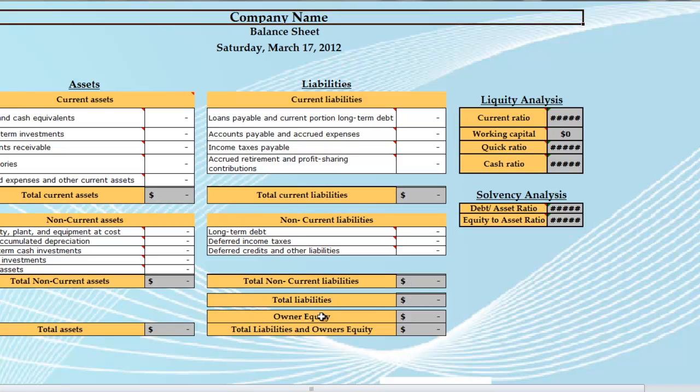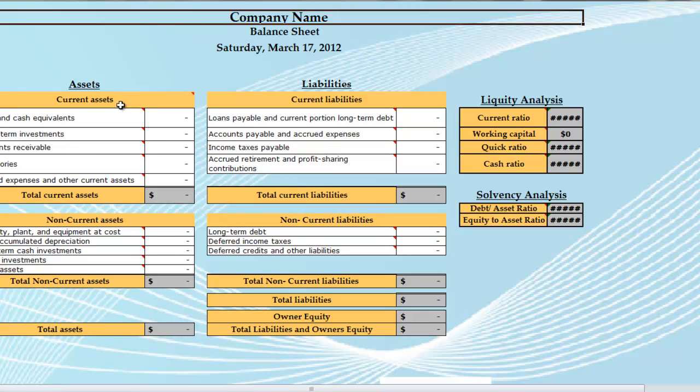Then you have your owner's equity, which is how much you as the business owner have put into this to help even out what your assets and liabilities are, which is then added into your total liabilities to total owner's equity, which should equal the same number as your total assets.